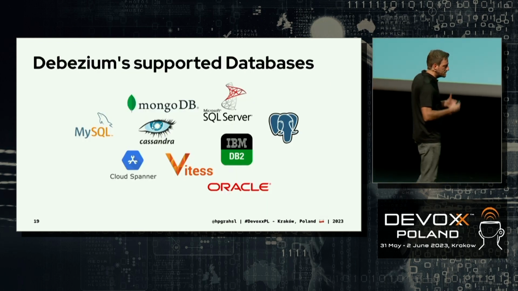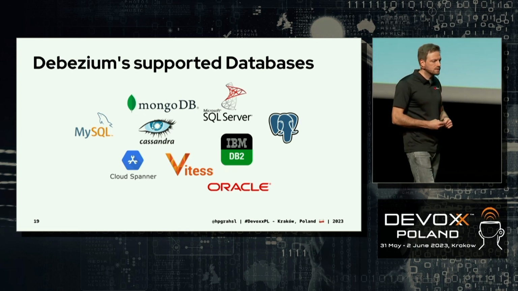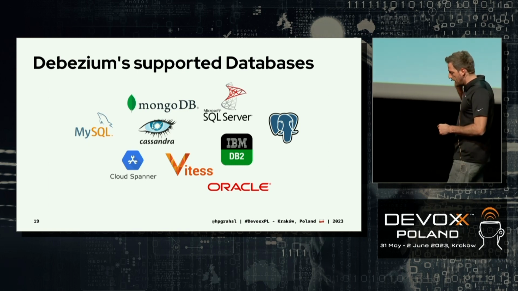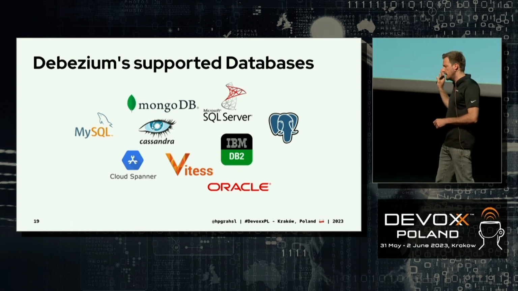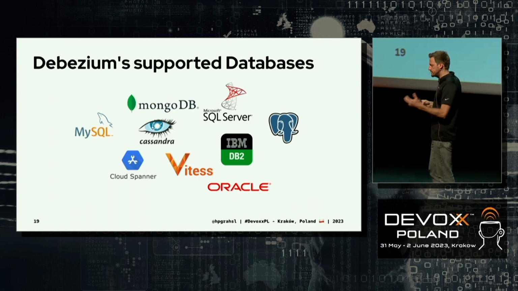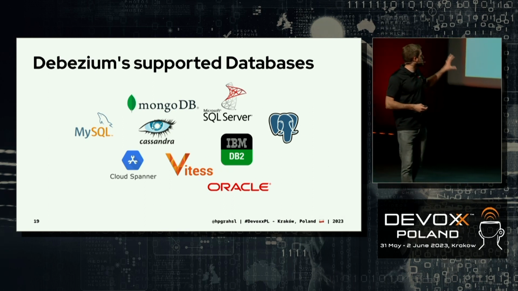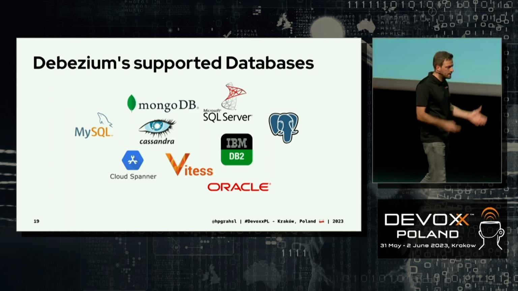Talking about databases, there is an ever-growing list of databases that this project supports. Currently, and I still think that this is up to date, it's 9 different databases. You see, most of them are relational databases, some are different in nature, and 3 of those, in particular Cloud Spanner, Vitess, and also Cassandra, if I'm not mistaken, are in the so-called incubating state.